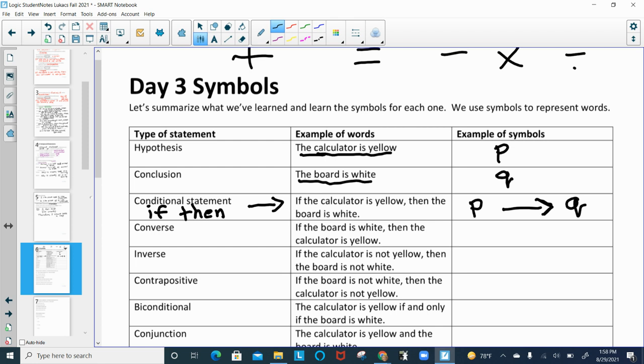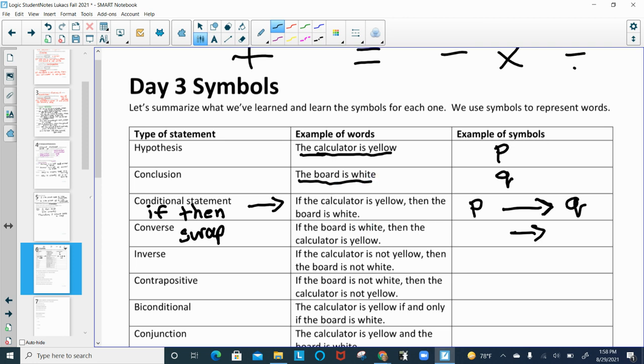Now let's write the converse. Remember, the converse is a swap, but it is still a conditional statement. It still has an if and a then, so we're going to use that arrow pointing to the right. But now, what is our hypothesis? The hypothesis is the board is white.